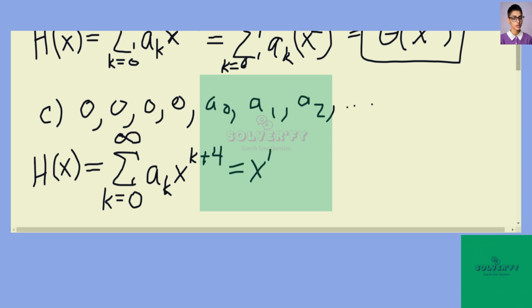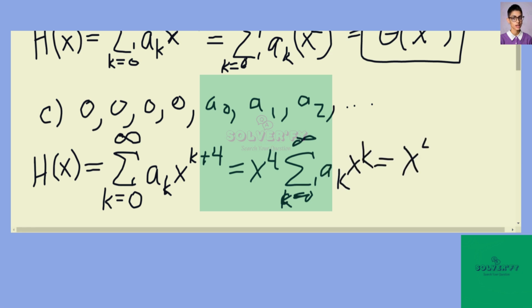This is equal to x to the fourth times the sum from k equals 0 to infinity of a_k x to the k, which by definition is x to the fourth times g of x.